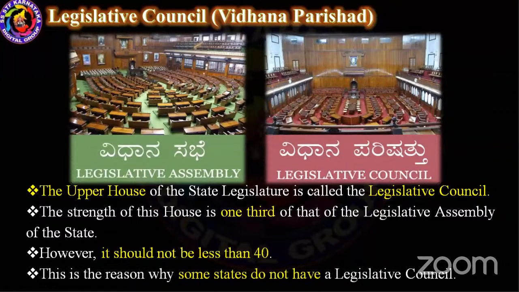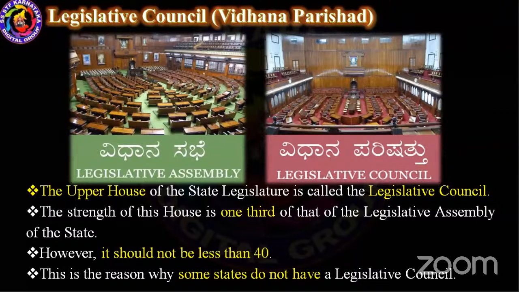This is the reason why some states do not have a legislative council. Among all 28 states, only a few states have a legislative council. All 28 states have a legislative assembly, but not all of them have a legislative council.